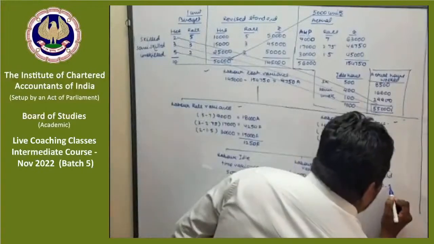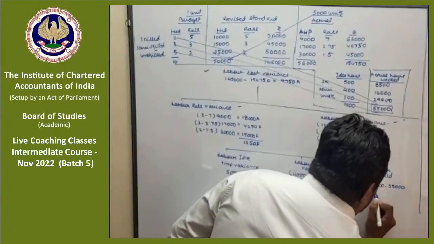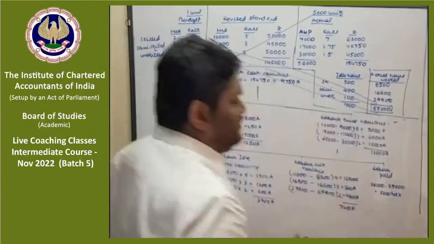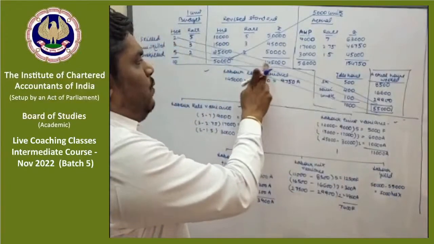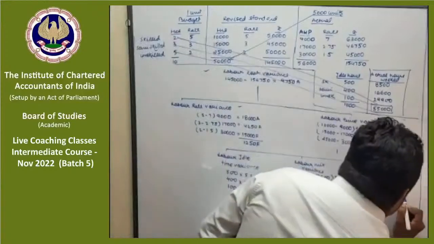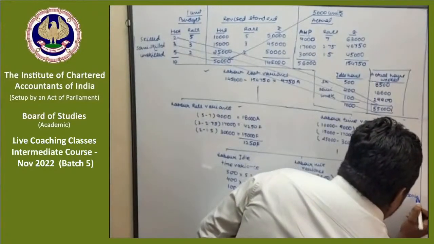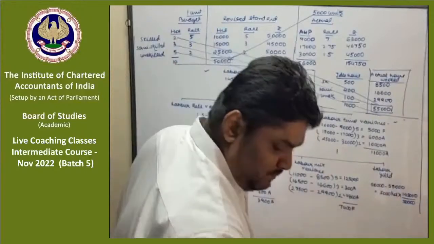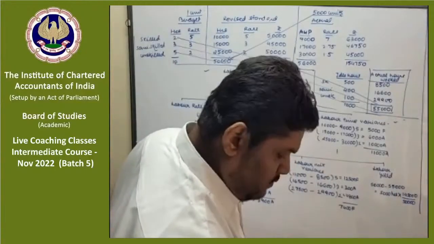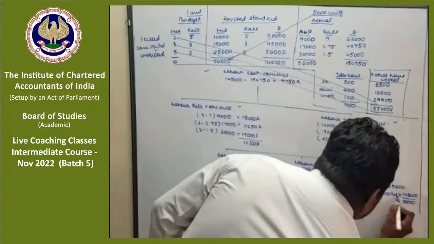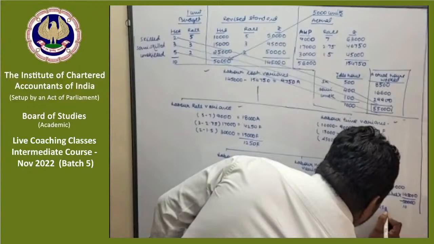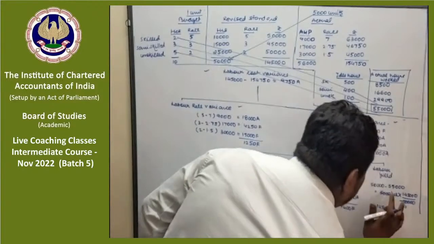So we have worked for 55,000 hours. So 5,000 hours is due to inefficiency into weighted average rate 145 divided by 50,000. $14,500 adverse.